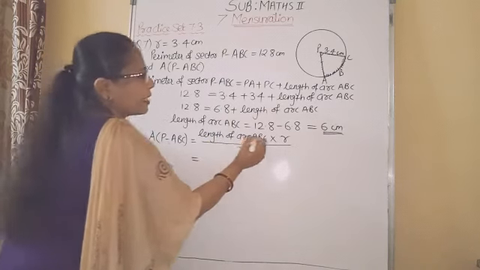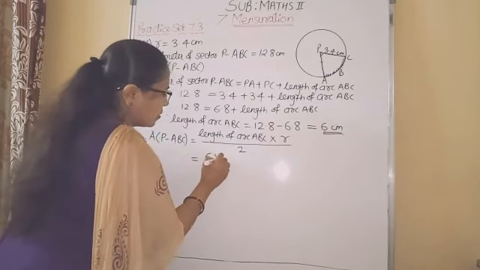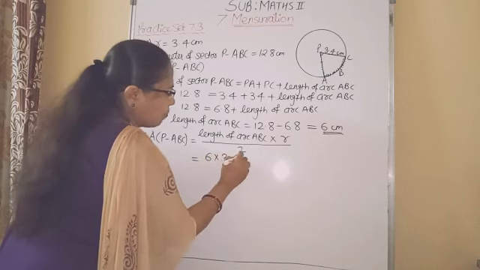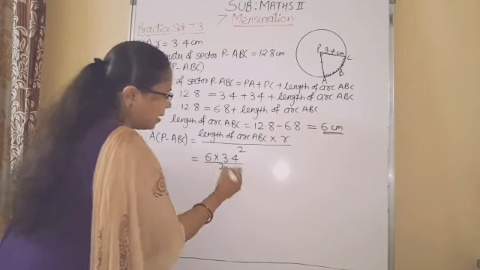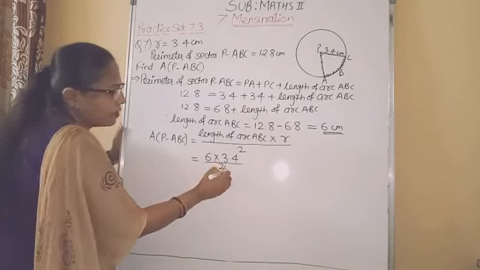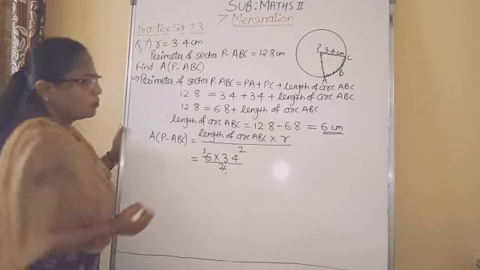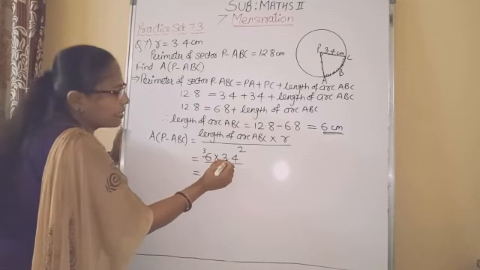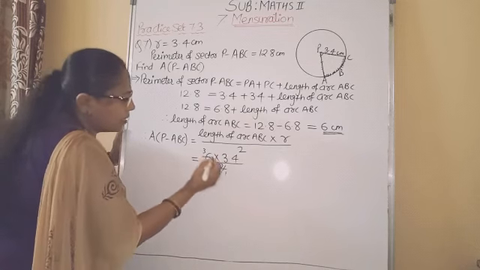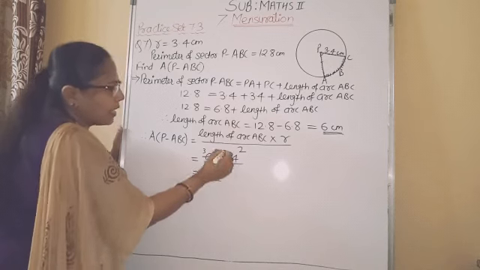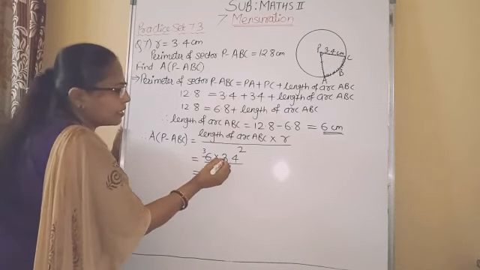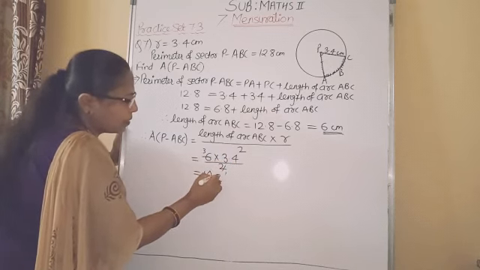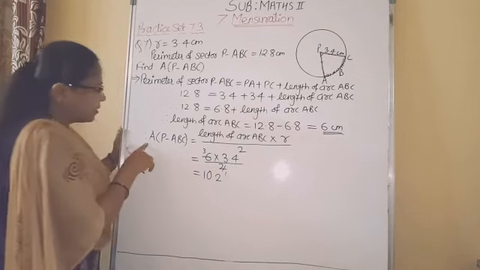Length of arc ABC we got 6, radius is given 3.4, divided by 2. Now simplify. 2 ones are 2, 2 threes are 6. Now 3 multiplied by 3.4. 4 threes are 12, carry 1. 3 threes are 9 plus 1, 10. 10.2, and this is the area.